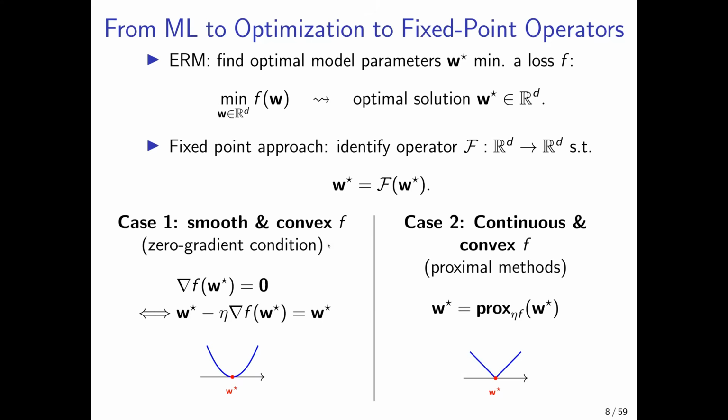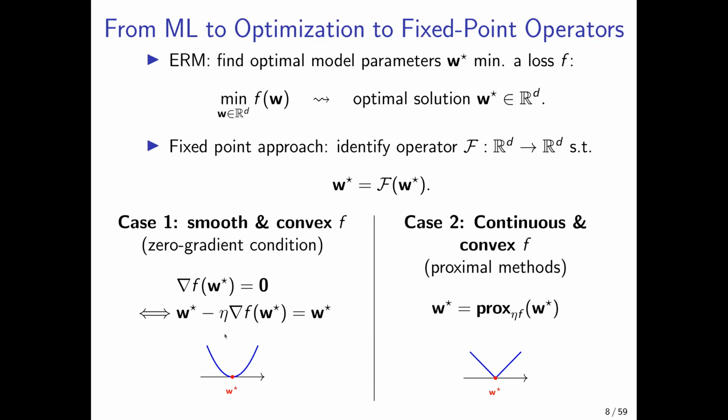So case one is a smooth and convex optimization problem. In this case, we can make use of the zero gradient condition. So we are computing the gradient of f and setting it to 0. And in this way, by solving for w star, we find the minimizers.